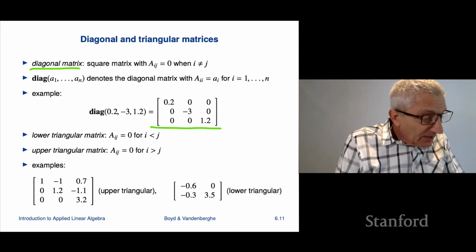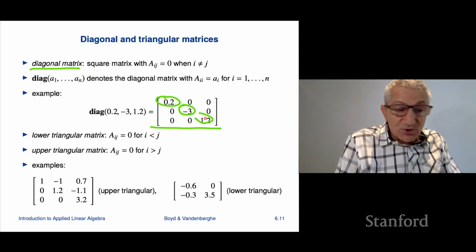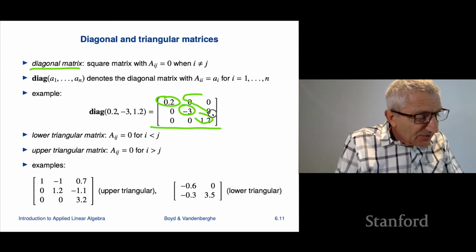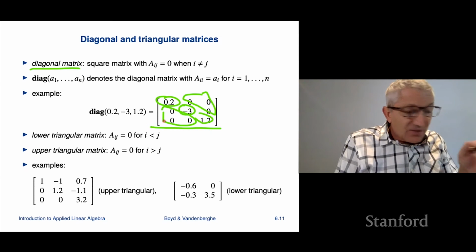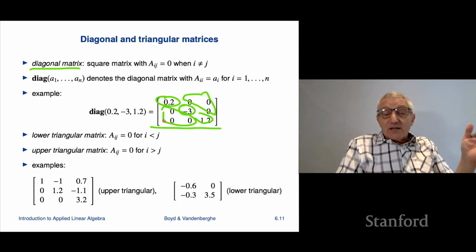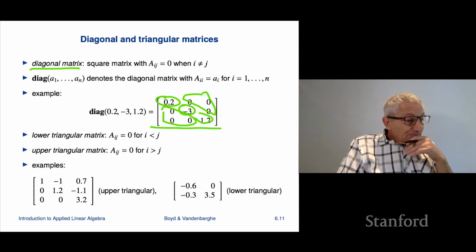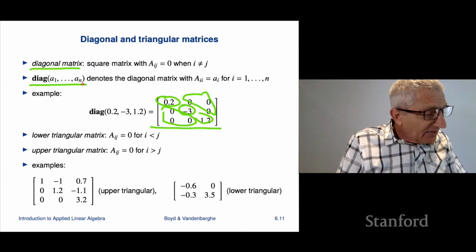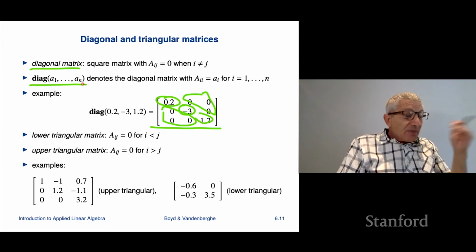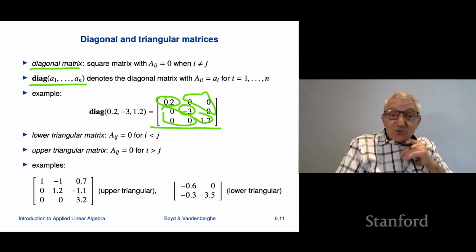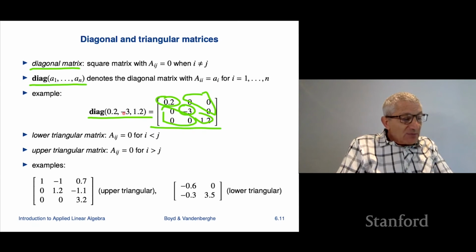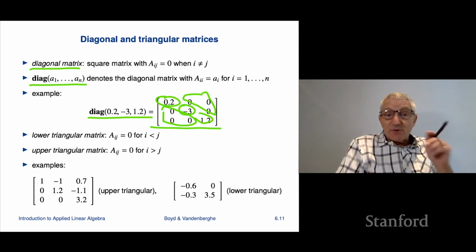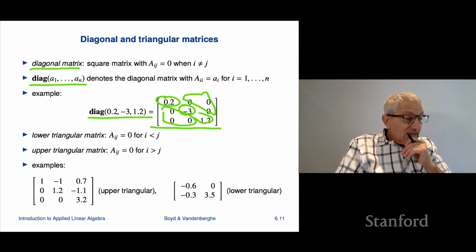And you can see, here are the ones, this is referred to as the diagonal of the matrix. It's where i equals j. And these entries are part of the off diagonal. And off diagonal just means i is not equal to j. Okay? So we have a notation. If you have diag of a1 through an, and these are numbers, then that's a diagonal matrix with those entries. So in that notation, diag of 0.2, minus 3, 1.2 would be this 3x3 matrix. Okay, so that's the diag thing.